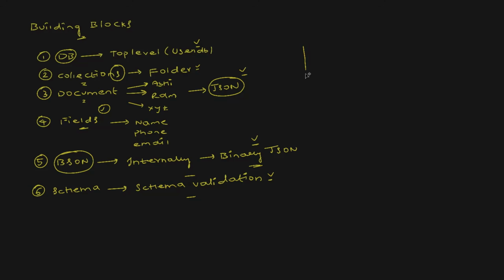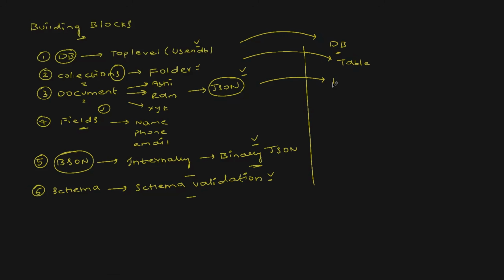Now for simplicity, I will try to compare this with relational databases. If any of you come from the world of relational databases, this comparison makes it simple for you. Let me tell you, this is not a one-on-one comparison because relational databases and non-relational databases are different. This is just for your understanding. Databases are very similar to databases in a relational database management system as well. A collection in MongoDB is just like a table in your relational database.